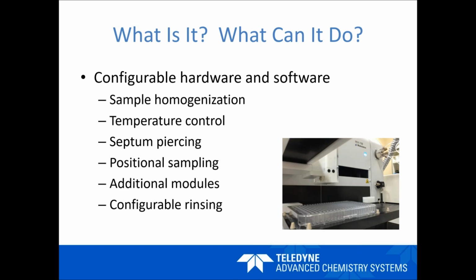We can add additional modules, which I'll get to later, particularly syringe pump modules. And we can also completely configure the rinsing processes for this, if you've got samples which contain really high concentrations of certain elements, or elements that will have particularly known memory effects. So I'll get into rinsing shortly.